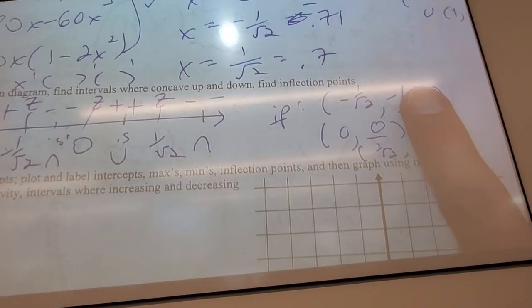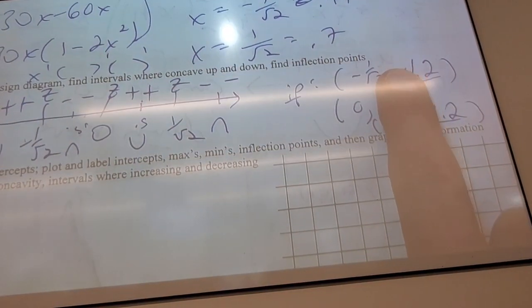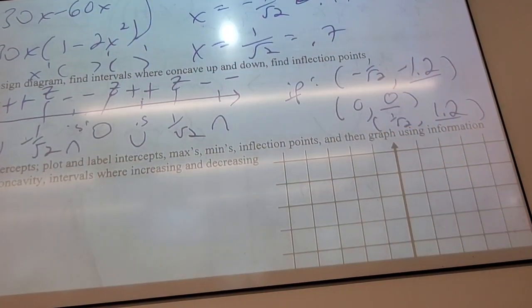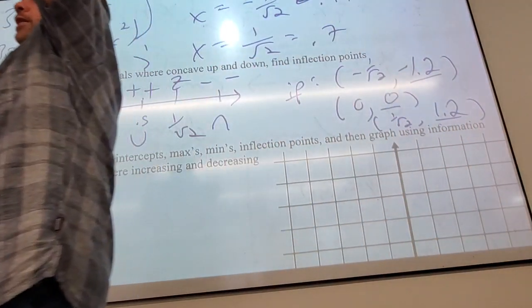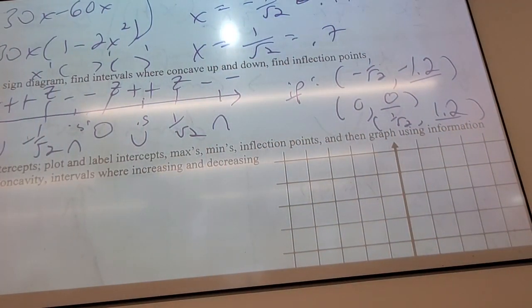What are these points again? Inflection points? And what is an inflection point? When the concavity changes. It's kind of like the joint between those two parts. You have this kind of pipe and you have this kind of pipe, and you weld those together. The inflection point is where you weld them.